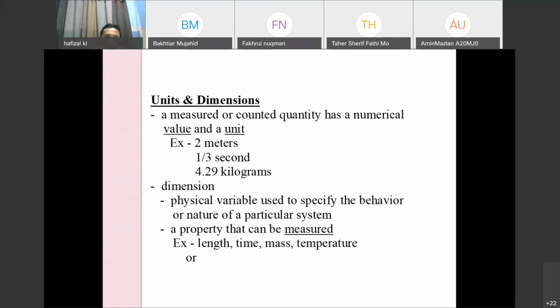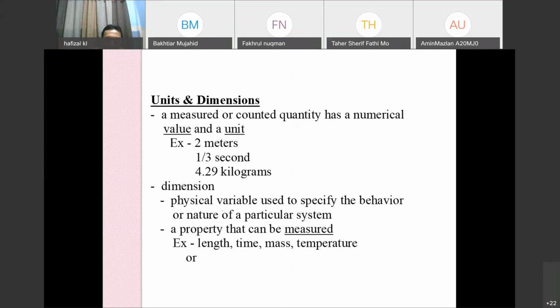For the unit and dimension, basically we know about the unit. Okay, we have unit in meter, unit in centimeter, unit in millimeter, unit in kilogram, unit in second, microsecond or something. So everybody knows about it. And then we have a dimension.